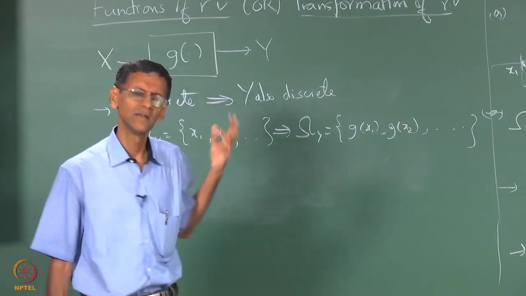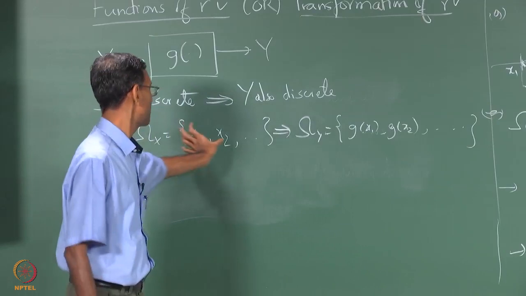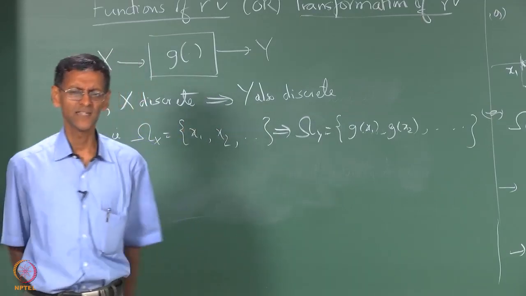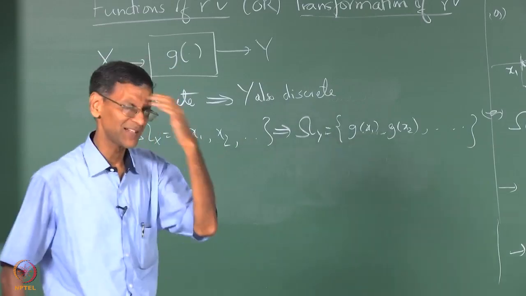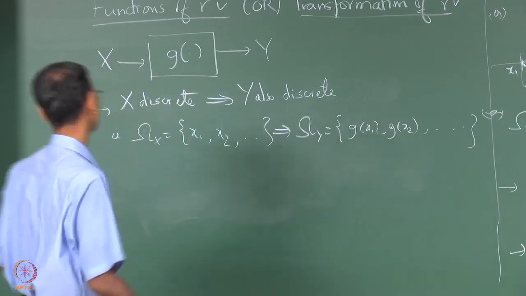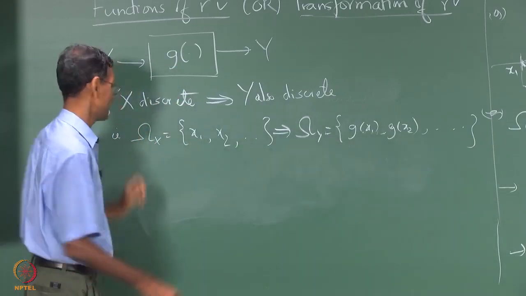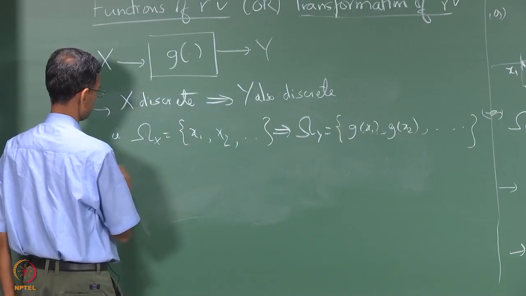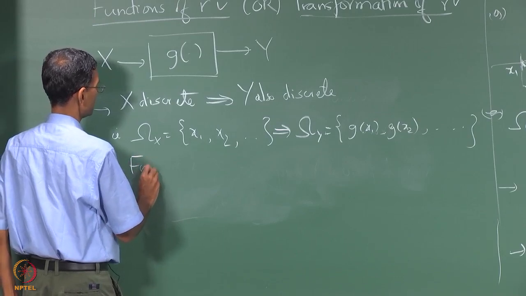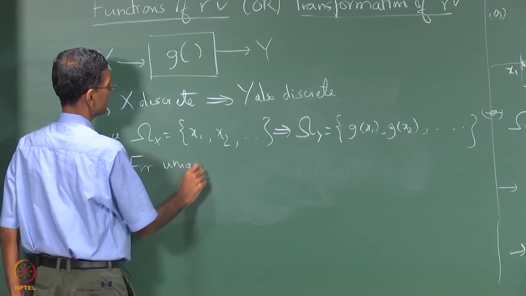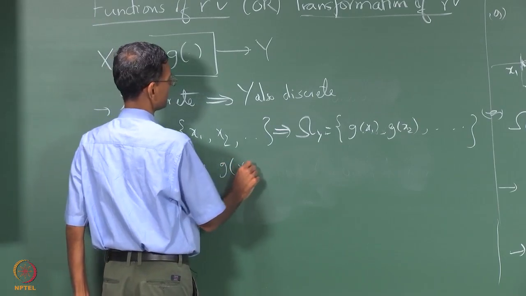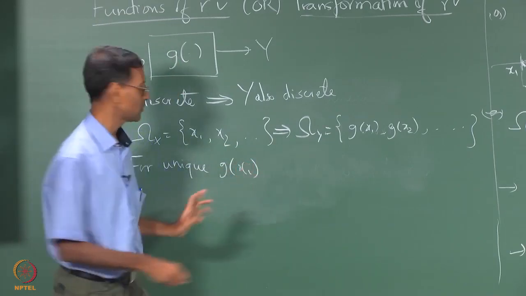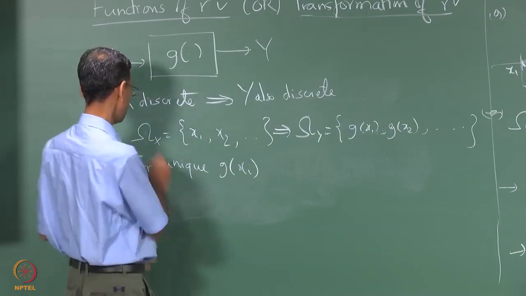One to one, injective. So supposing g of xi is unique, in the sense that g of xi is not equal to g of xj for any i not equal to j, that is what I mean.